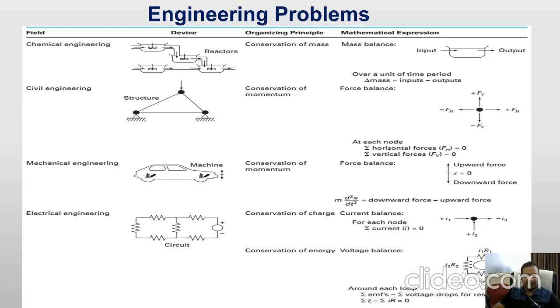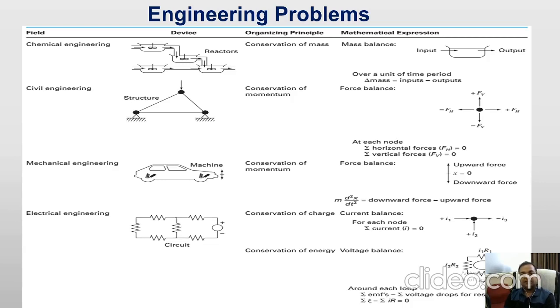Similarly, in a mechanical engineering system, we will have some kind of machine, and here we have taken a locomotive, like a car. There we will have multiple components connected to each other, and each component will have different characteristics. Here we will have, like, a shock absorber and some other components which will be in motion.